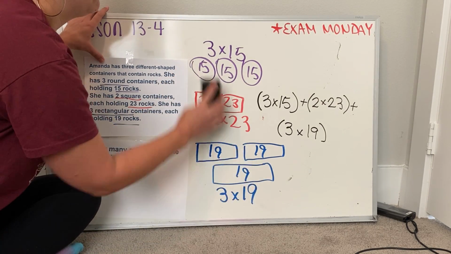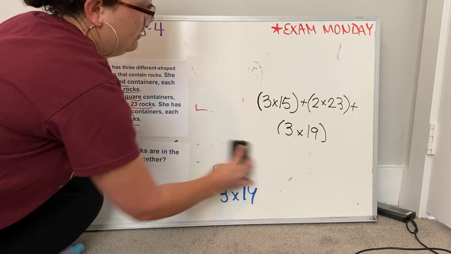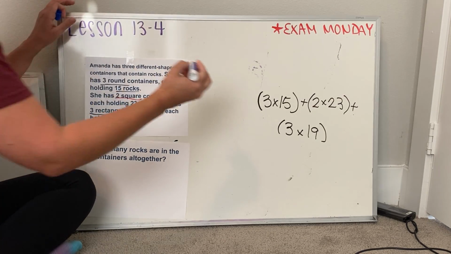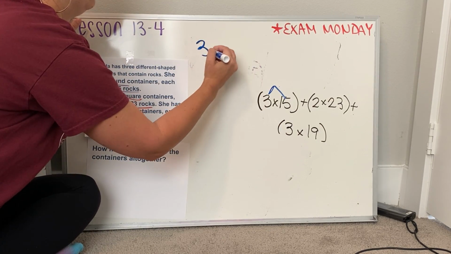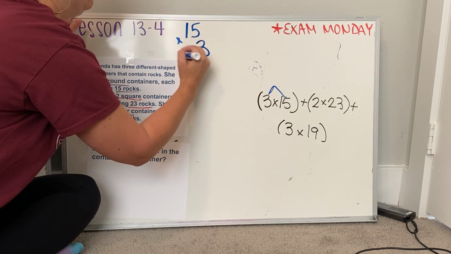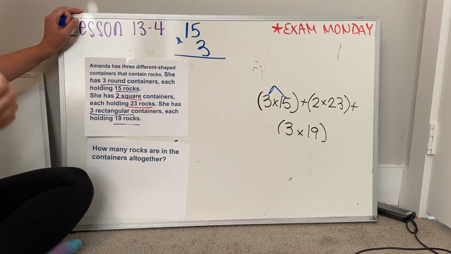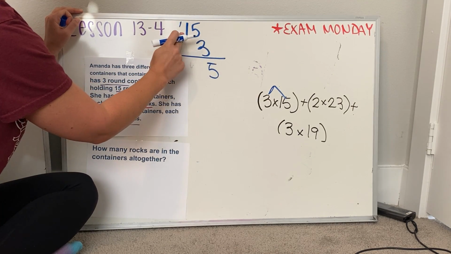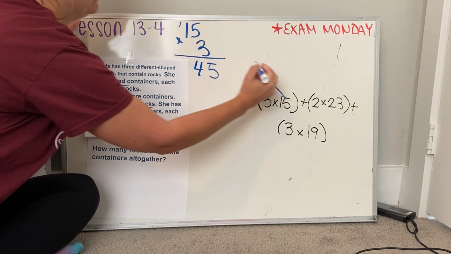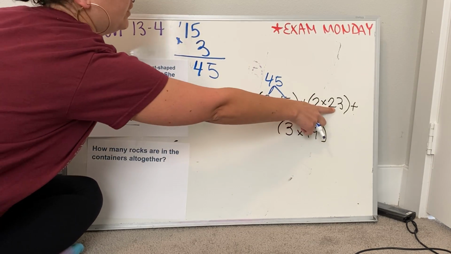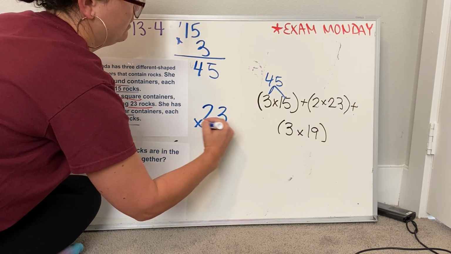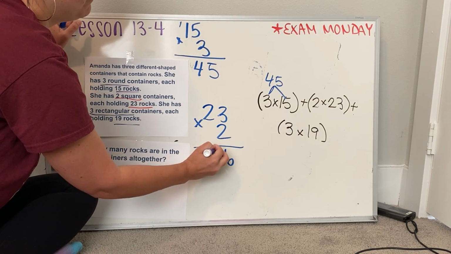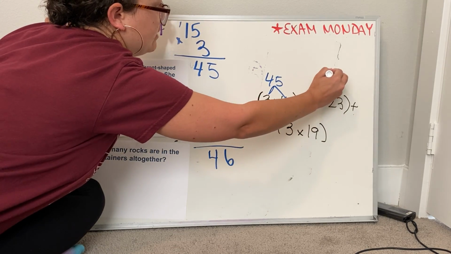I'm going to erase this for a moment. I know I have to do 3 times 15, and using what I know about the standard algorithm, 5 times 3 is 15, carry the 1. 3 times 1 is 3, plus 1 is 4, so that's 45. 2 times 23 is our next one. 2 times 3 is 6, 2 times 2 is 4, this one's 46.